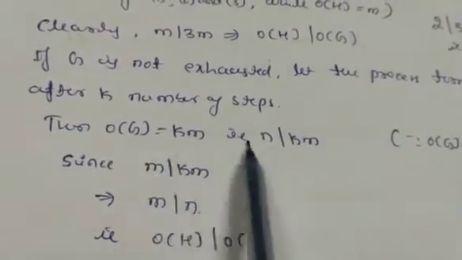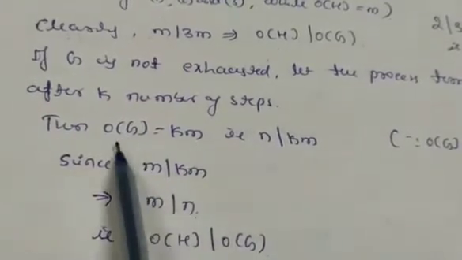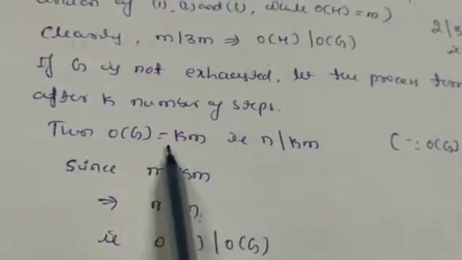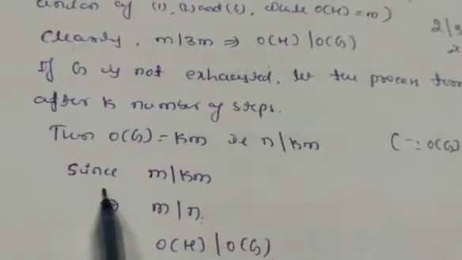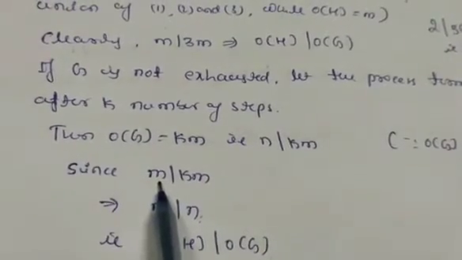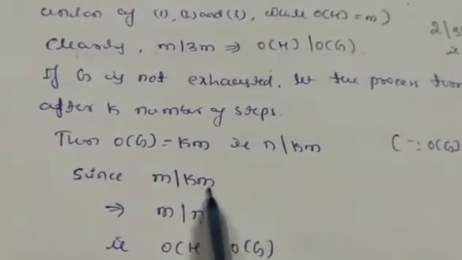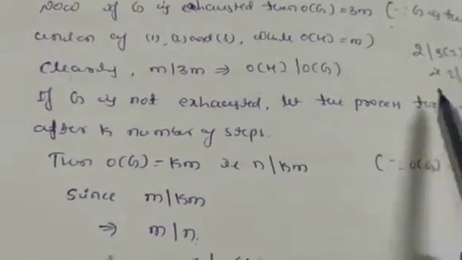So I hope you got this one. The order of G is n, which we have taken generally. So n equals km, meaning n divides km. We know m definitely divides km. Just now I told you, 2 divides 3 into 2, and 2 divides k times 2 also.